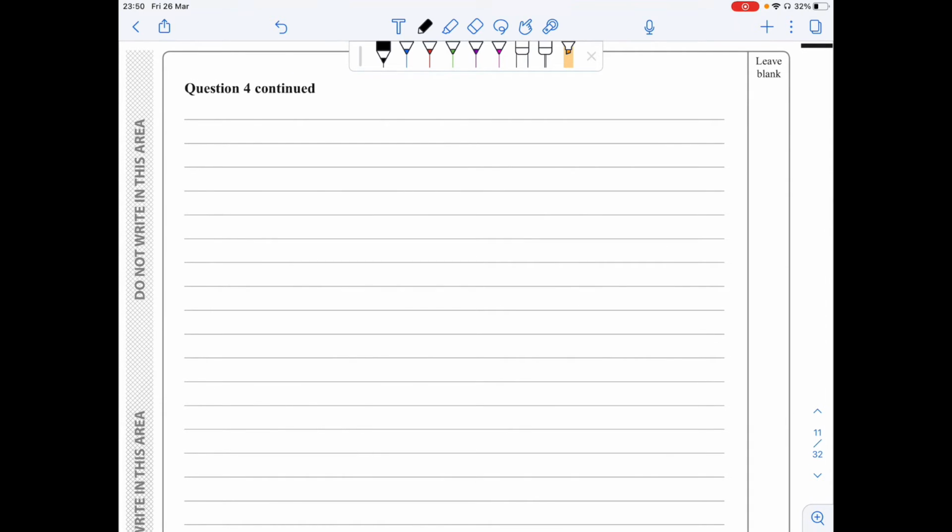For part B, I will need to find dy/dx. First, I'll find dy/dt, which is 3t squared minus 4, and then dx/dt is equal to 4t minus 6. Hence, dy/dx equals 3t squared minus 4 over 4t minus 6.